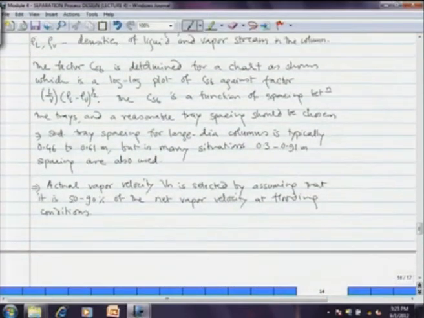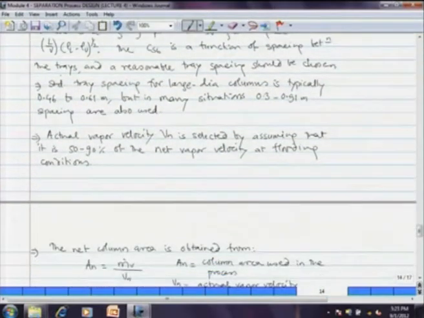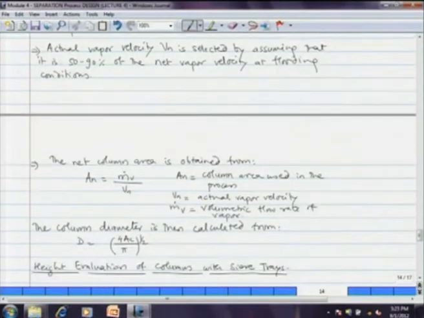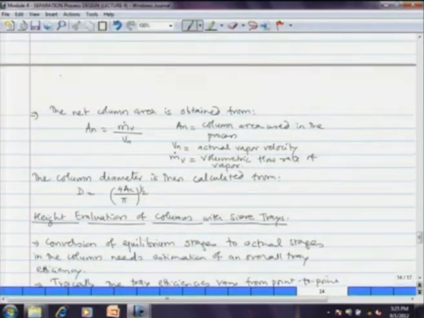The actual vapor velocity Vn is selected assuming that it is 50 to 90% of the net vapor velocity at the flooding condition, and once you select the vapor velocity, then the net column area An is equal to m dot V divided by Vn, where An is the column area used in the process, Vn is the actual vapor velocity, and m dot V is the volumetric flow rate of the vapor.